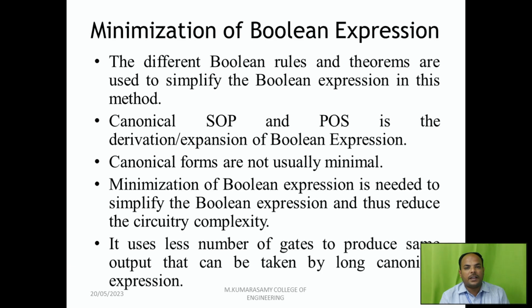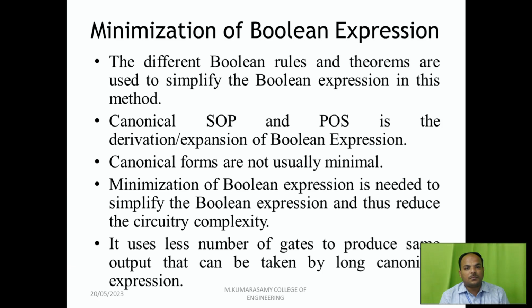A canonical or standard expression of a Boolean expression consists of more variables and more operators. But when we go for minimization techniques, we can reduce the number of variables and operators and still give the same output. For that purpose only we go for a minimization technique.